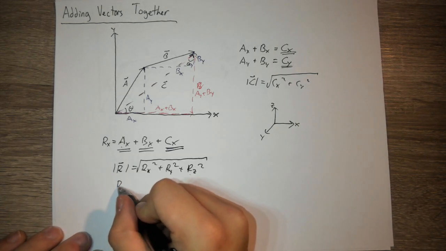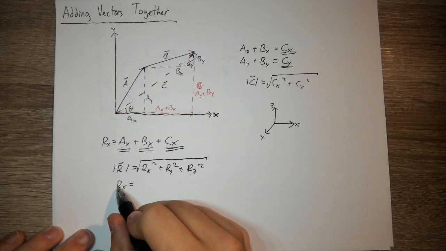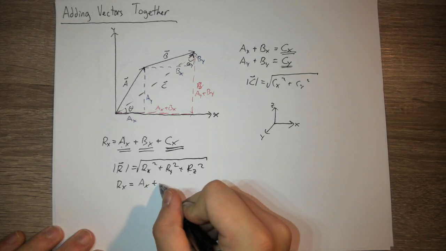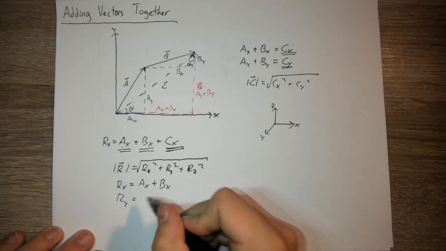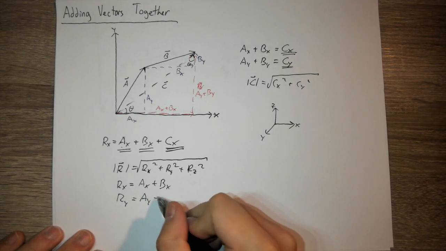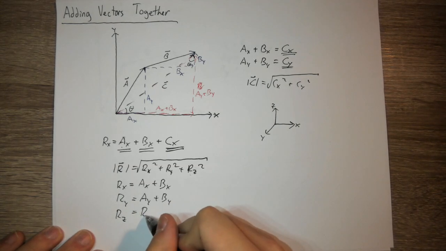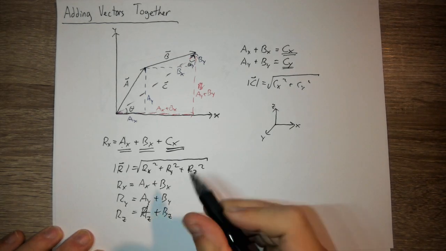And then you'd have your x component, which would be your first vector plus your second vector's x component. Then your y would be this, and then your z would be this.